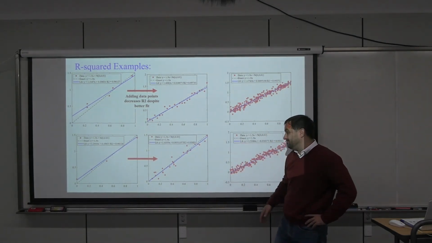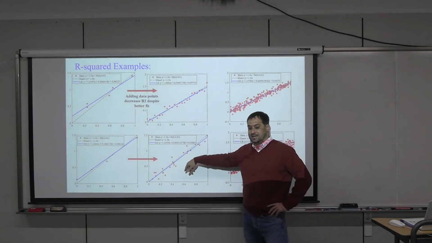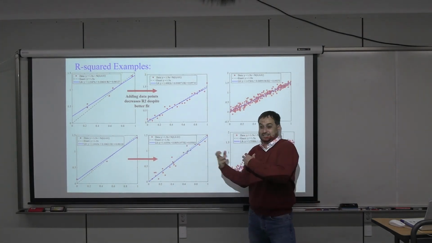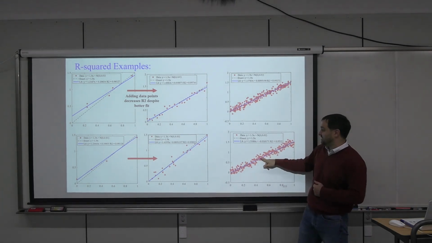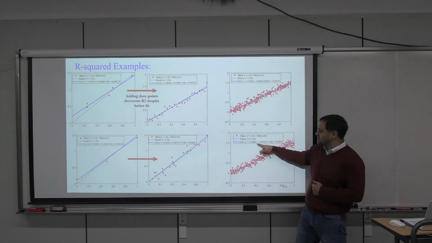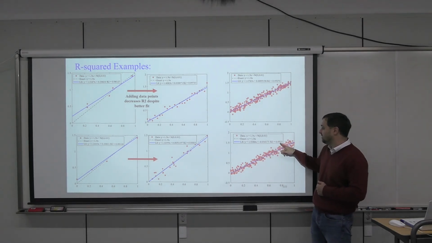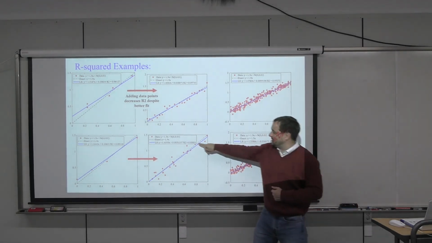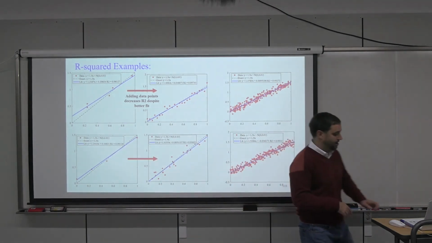This is a measurable decrease in r squared, yet we have more data and the fit is a better estimate. Now let's also go to the 250 data point case. We have a really good estimate of the true underlying function, but r squared is 0.95. So both of these cases have significantly less r squared.